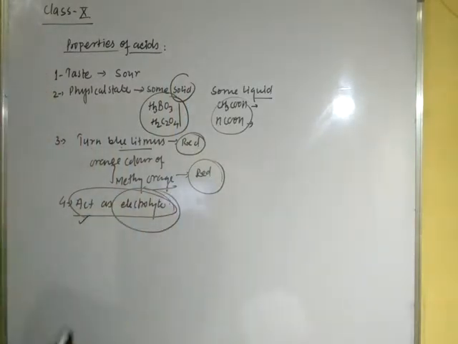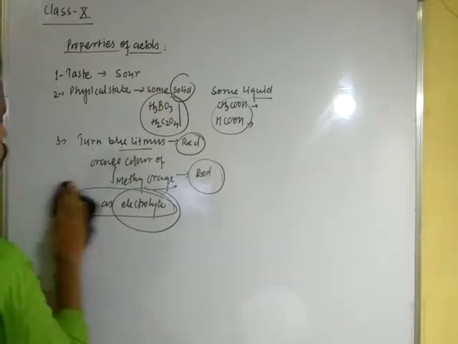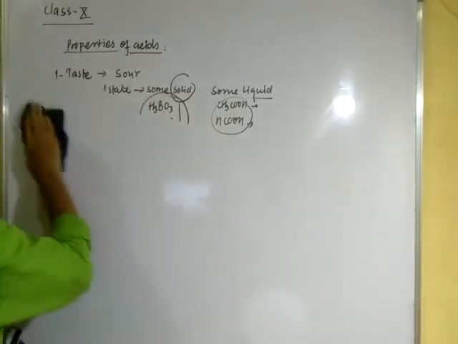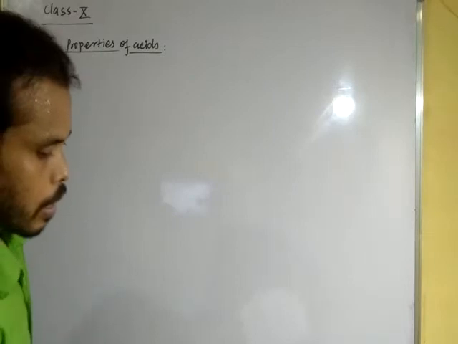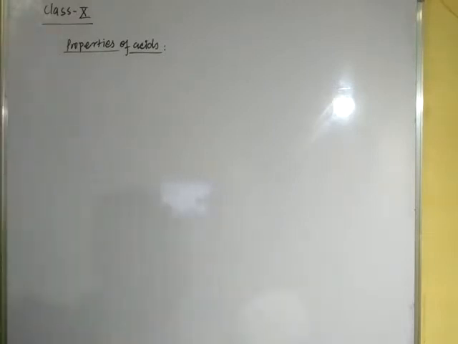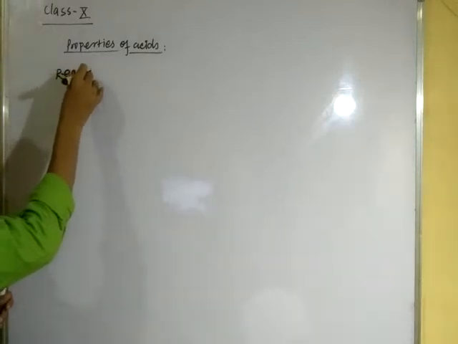And now we are going to discuss the chemical properties. The first chemical property of acid is reaction with active metals.